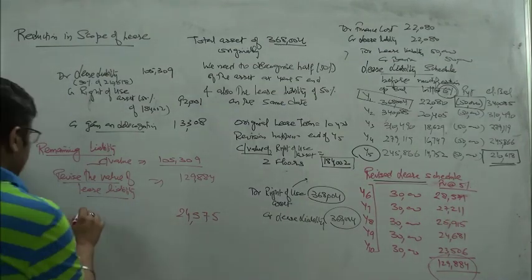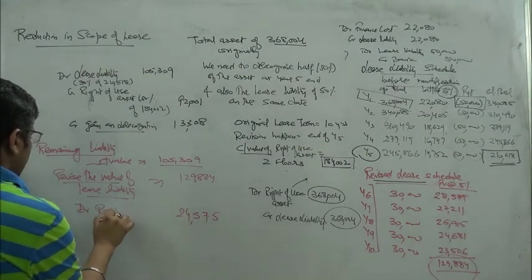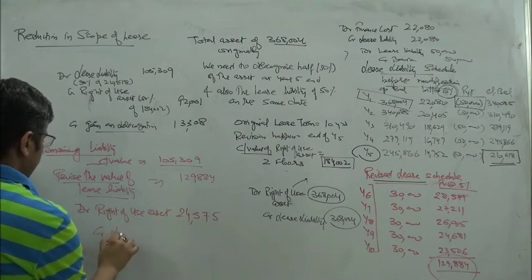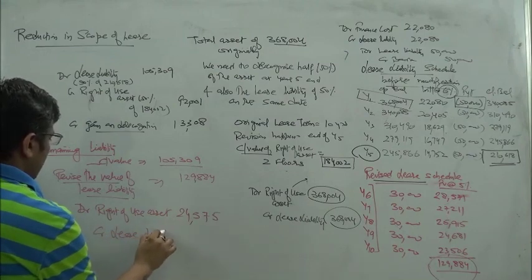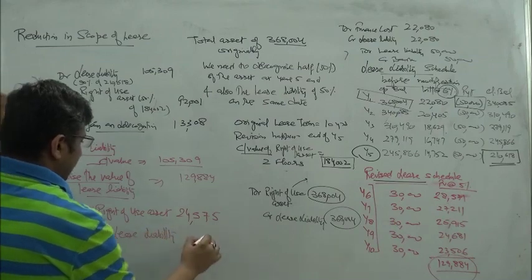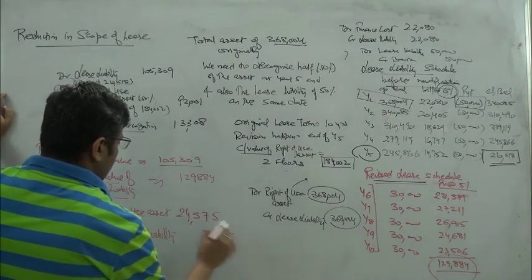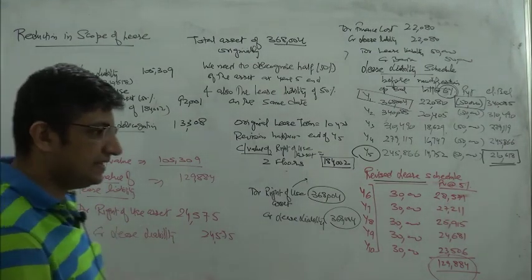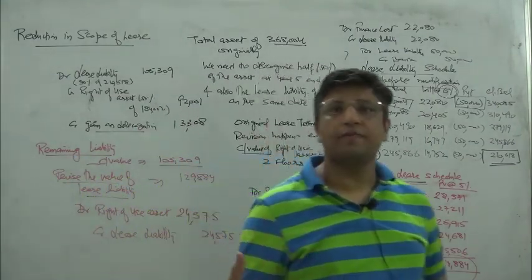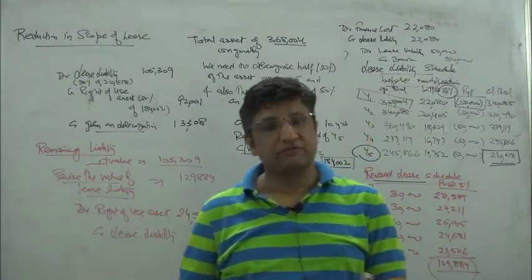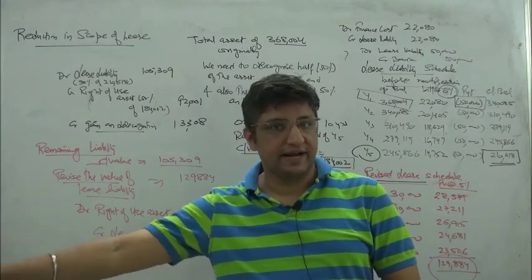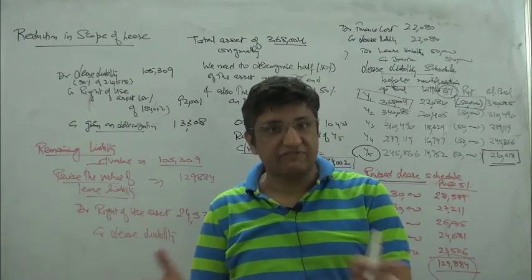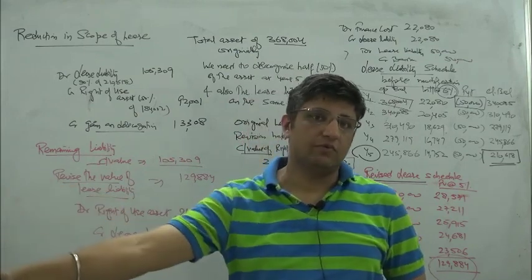So I would simply say I would recognize a right of use asset and my lease liability to that extent. Okay, right? So what we are saying is, in this case, when the scope has reduced, we shall of course de-recognize to the extent of the reduction the lease liability amount and the asset amount, and any difference between the two will be taken through the profit and loss account.